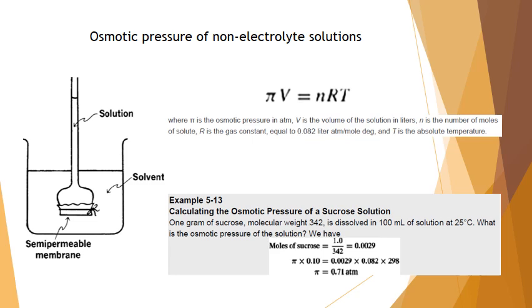So that's the explanation why the water molecules move from the lower concentration to the higher concentration parts of the mixture. This is across a semi-permeable membrane.